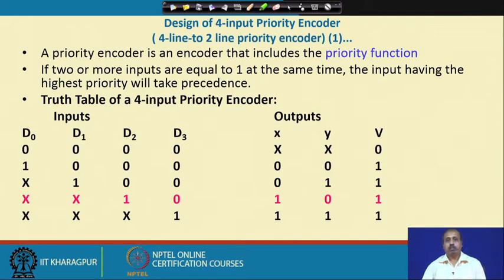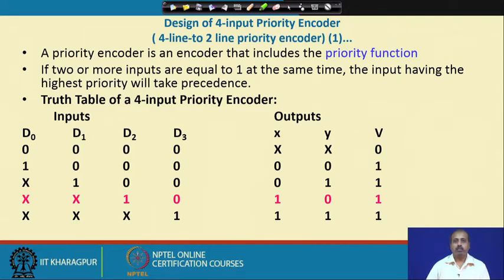Now, one important constraint that we have put on the operation of the encoder is that at any point of time only one of its inputs can be equal to 1. Many a times it is difficult to ensure that in practical operation. It may so happen that the inputs are coming from different sources, and as a result more than one input is simultaneously becoming active.